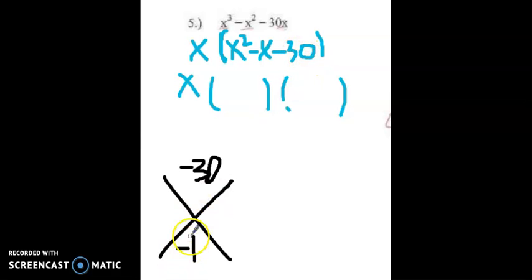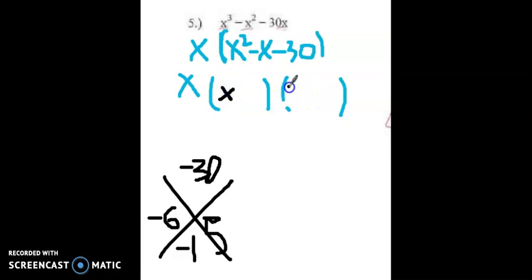Well, 3 and 10 are not 1 apart, although they would make 30 or negative 30. Next I think of 5 and 6. Now to get a negative 30, one of them has to be negative. And because this is a negative 1, the bigger one has to be negative. So I'm going to call it negative 6 plus a positive 5 gives me negative 1. Negative 6 times 5 gives me negative 30.